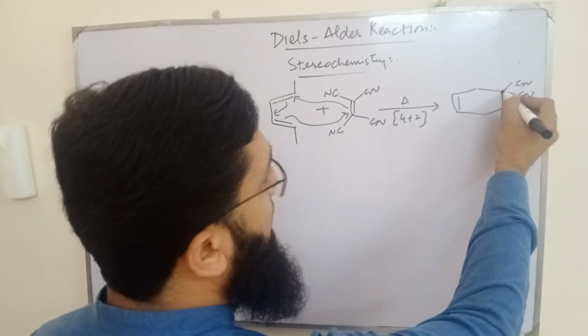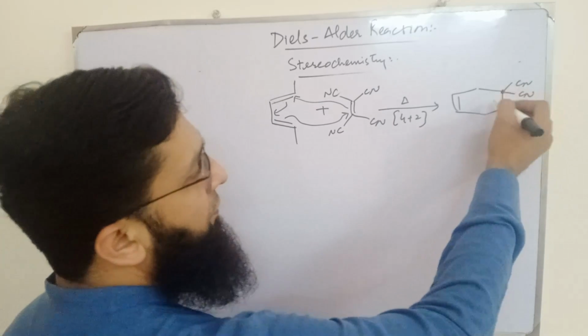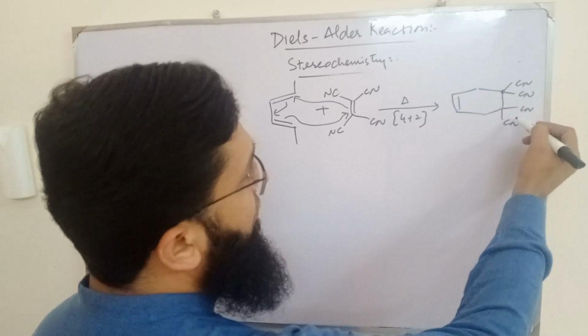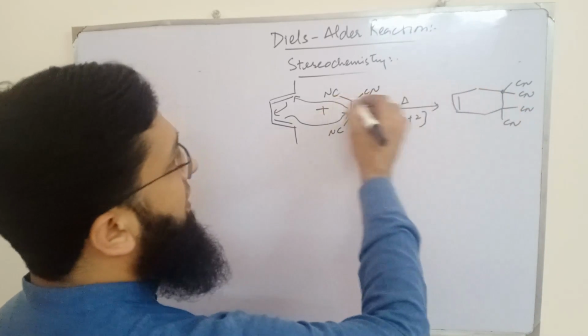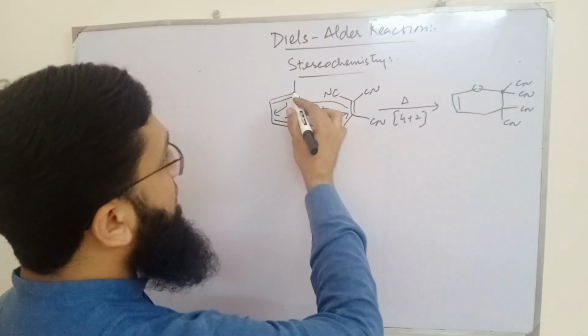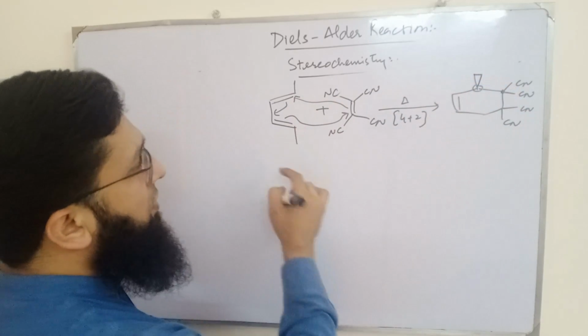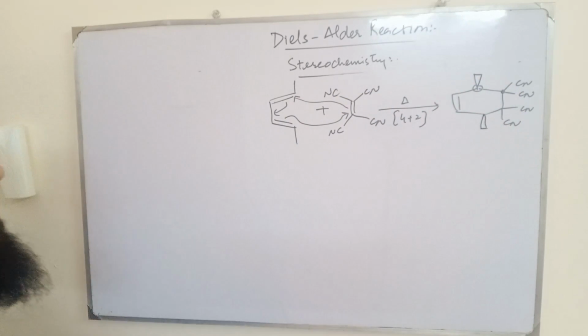This carbon is not chiral or not asymmetric, because all the four groups are not different. These two groups are the same, therefore it cannot be regarded as a chiral center. However, we have a chiral center here, so if we put it above the plane, this would also come above the plane. Why?